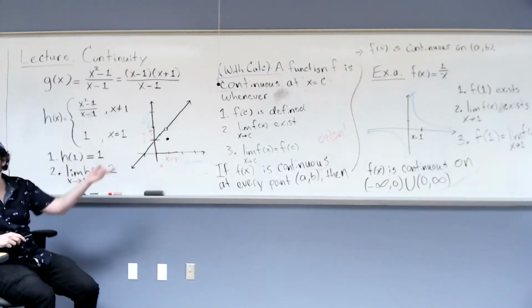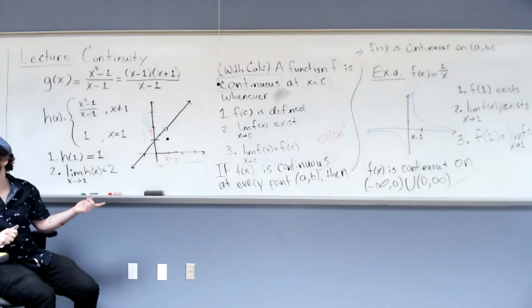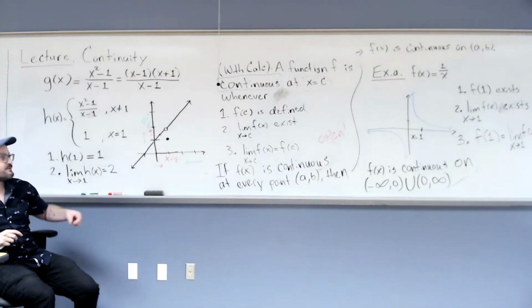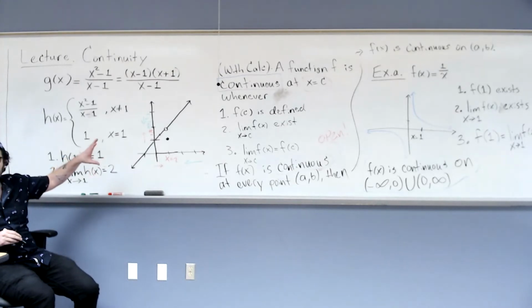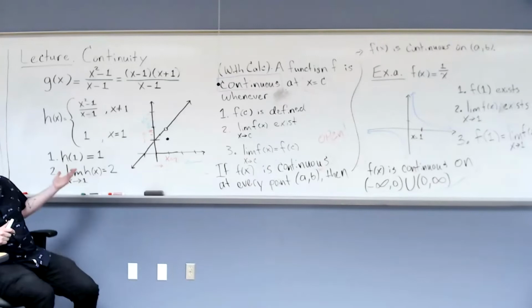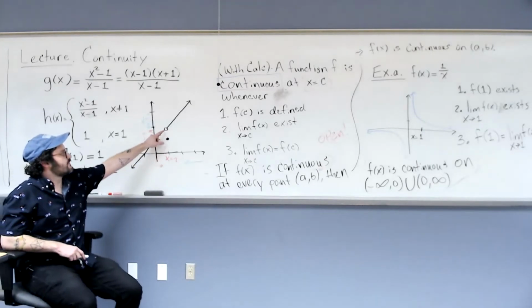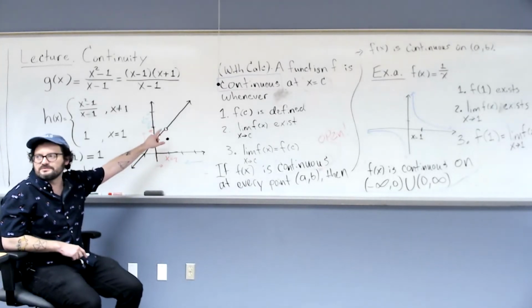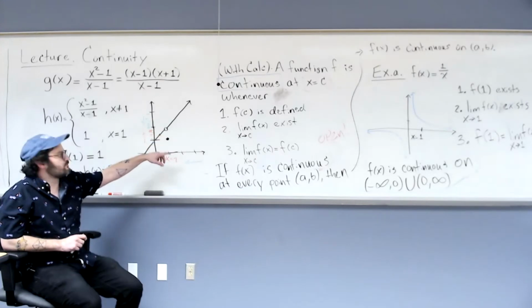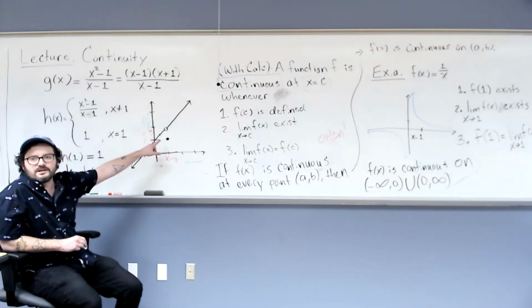So it does not satisfy the definition of being continuous at x equals 1. Even though the limit exists and you can evaluate the function there, it's still not continuous. And the reason for this is this jump, right? So this is what would be called a jump discontinuity. Okay.